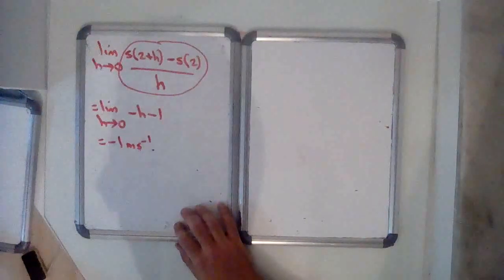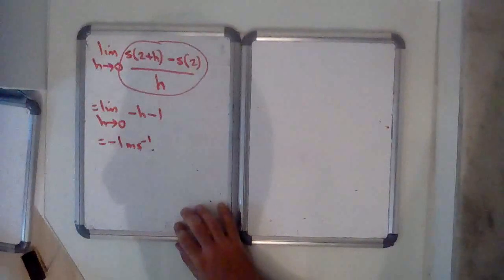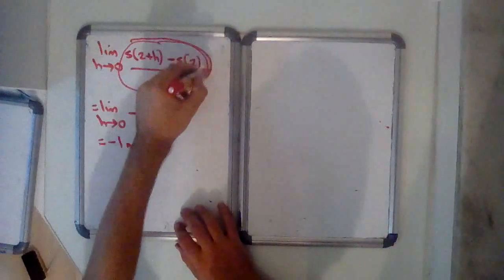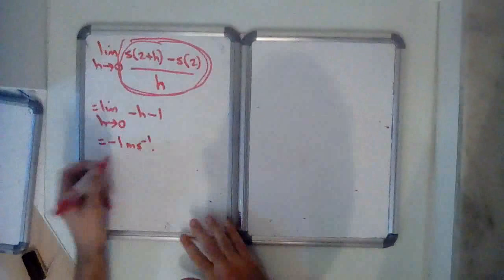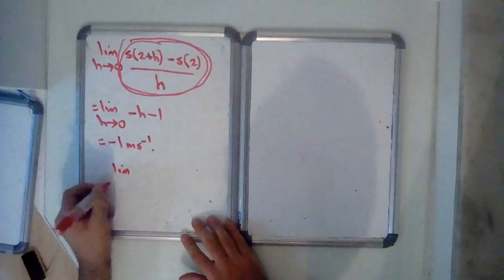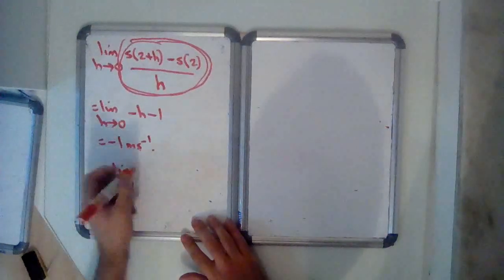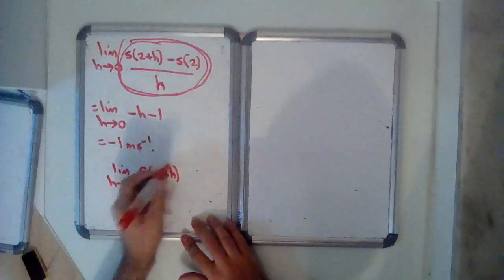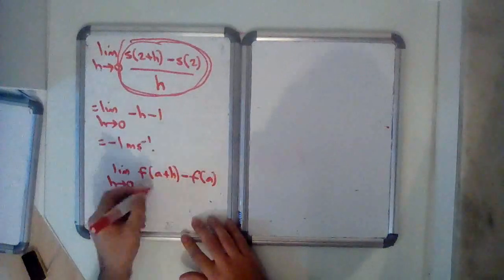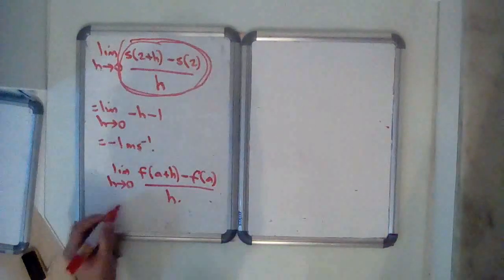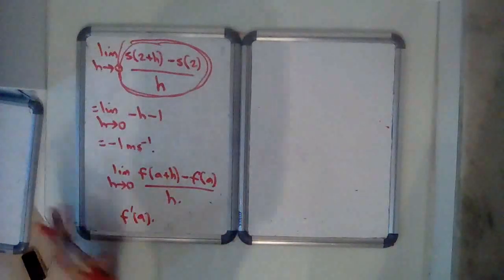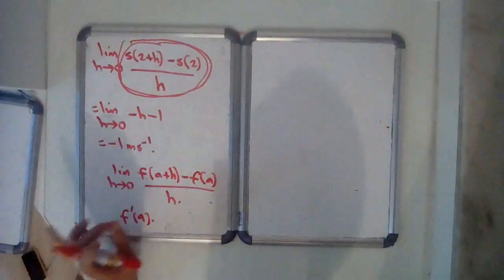So comment on its significance. Right, so the significance: this is the definition of the derivative at the point a. You might remember, the limit as h approaches 0 of f of a plus h minus f of a, all over h, gives you f dash a, as in it gives you the rate of change of the function at that particular point.